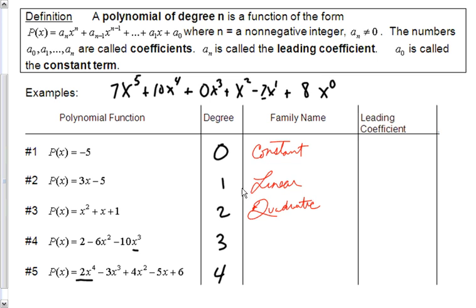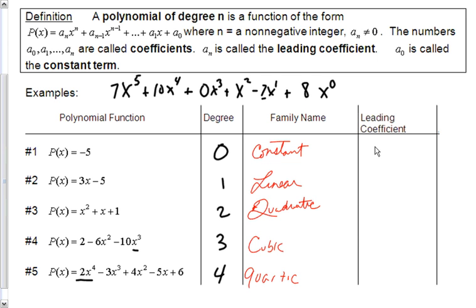Right? Quadratic, these are the three we should know. Notice the quadratic's power is 2, linear's power is 1, constants are power 0. The third is the cubic. Think of 3D. And the fourth is the quartic. Okay, we usually don't use that word. We usually just call them polynomials after 3. But be aware of it. There's the fifth degree, which is the quintic, but 6 we don't even start.